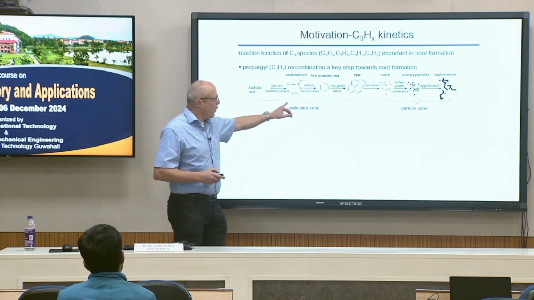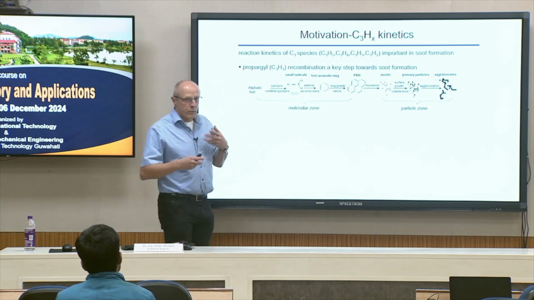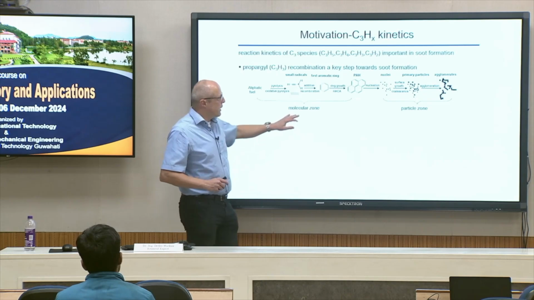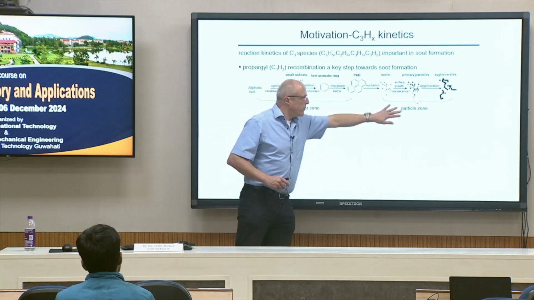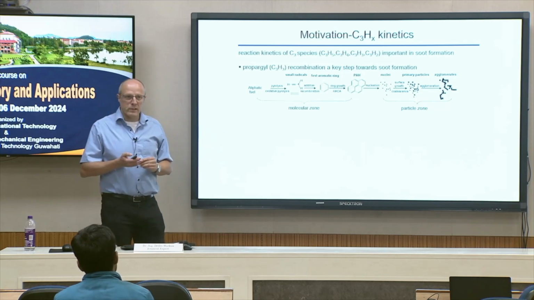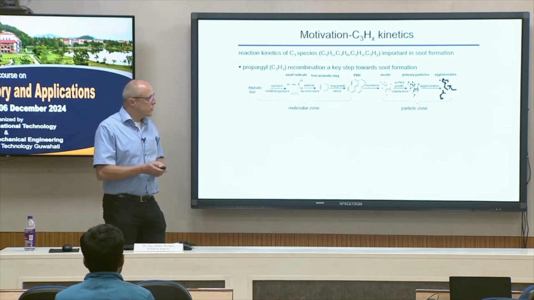So here, this is the molecular zone where the reactions dominate on the molecular level, and here we have a particle zone where also the collision of different soot particles may form larger soot particles.